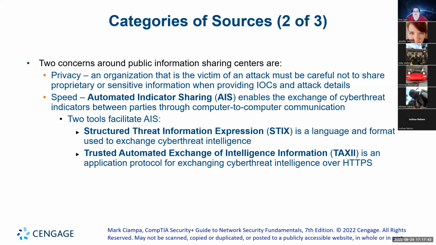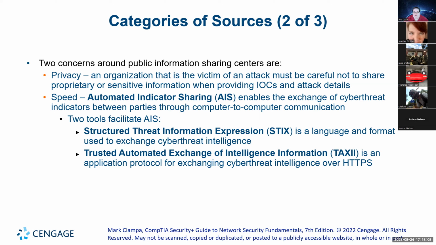Speed. Automated indicator sharing enables the exchange of cyber threat indicators between parties through computer-to-computer communications. Two tools facilitate AIS: structured threat information expression, STIX. I'm just going to say that instead of the rest of it. That's a language and format used to exchange cyber threat intelligence.